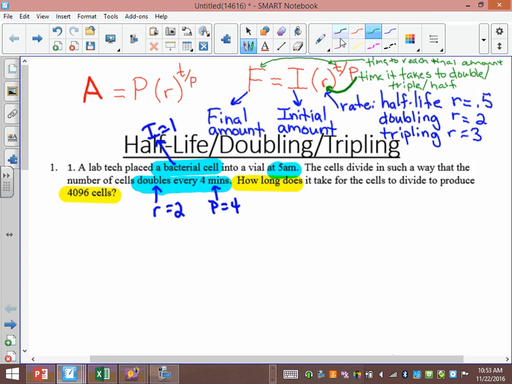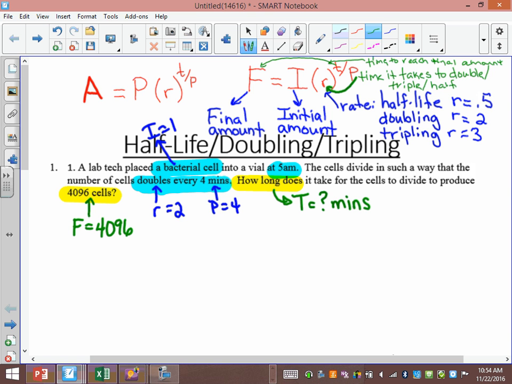So, what did they give us? I know. So F equals 4,096. What are they asking us to find? Time total, so T. And the answer is going to be in minutes, correct?